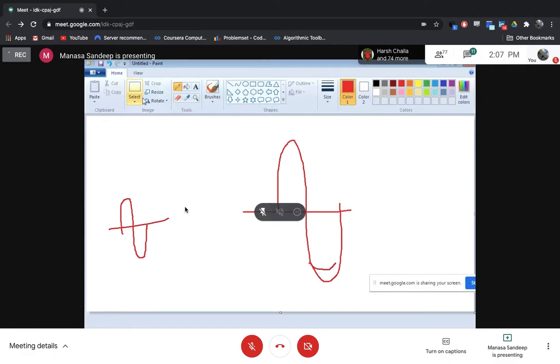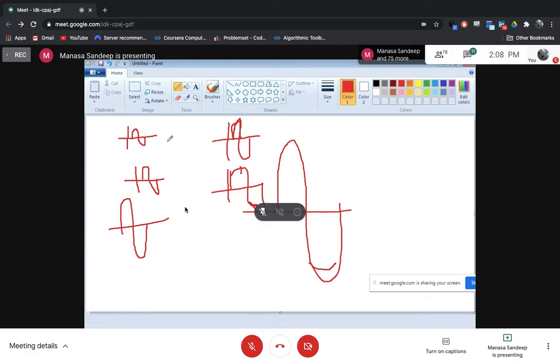Okay, so now tell me, what is the relationship in this amplification? See here, for example, if you have applied an input wave like this, what will be the output wave? So the output wave will be like this. Okay, so let's assume, if you are applying the input wave like this, the output wave will be like this.